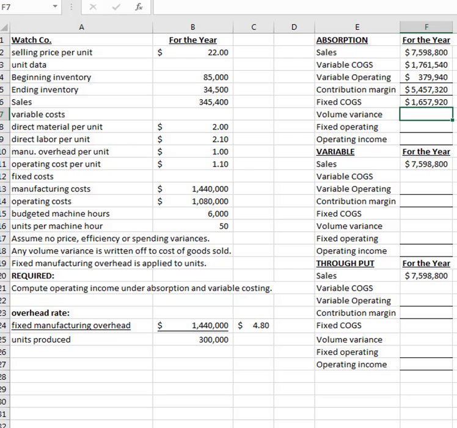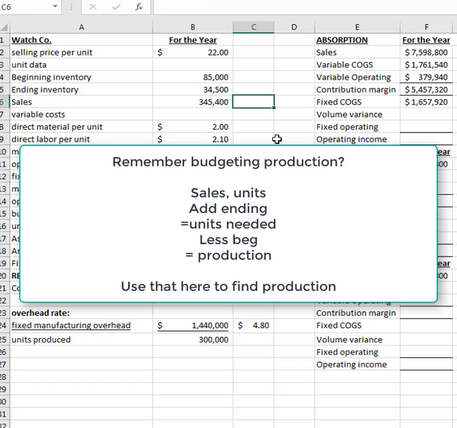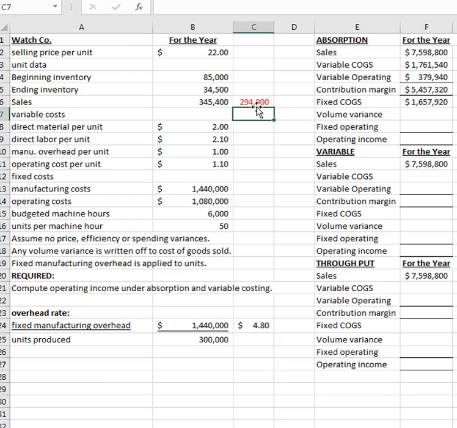Now, volume variance. This is going to be a function of how many units you plan versus how many units you made. So how many units did they plan? 300,000. How many units did they make? They don't tell you, but we can figure that out. So production would have been sales plus the ending minus the beginning. So they would have produced that many units. So that would have been 5,100 fewer units.